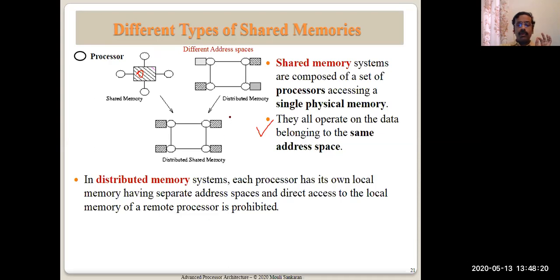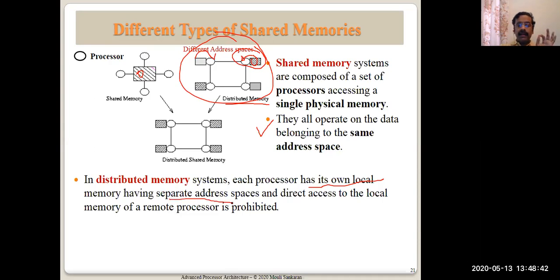Now, what is distributed memory? In a distributed memory system, each processor has its own local memory. I call this a local memory. This memory is the local memory for this processor, and this is the local memory for this processor.